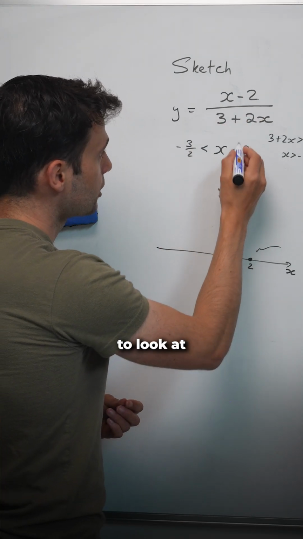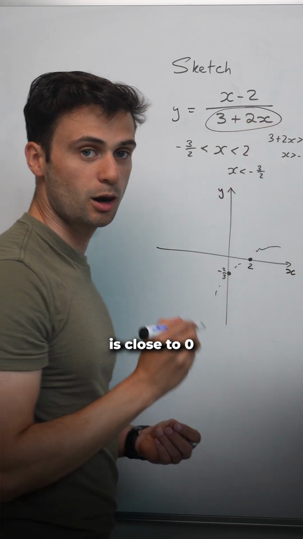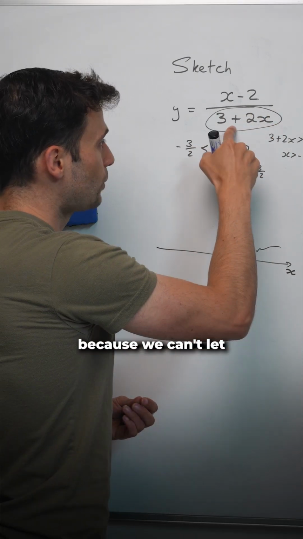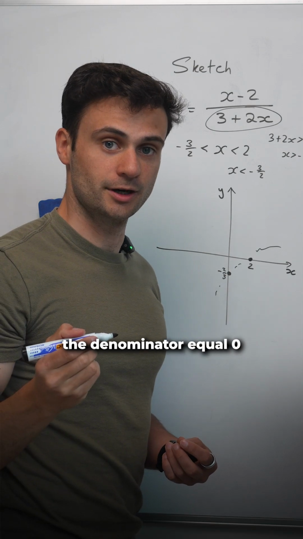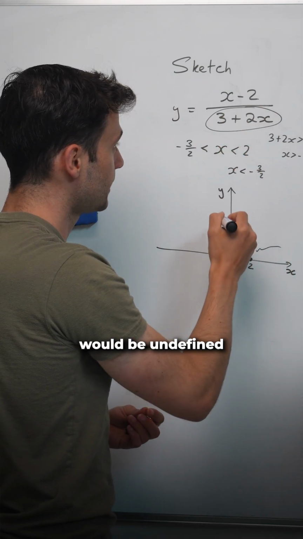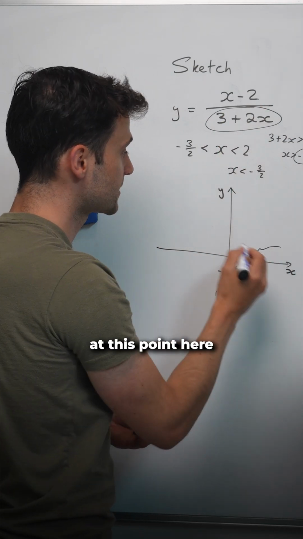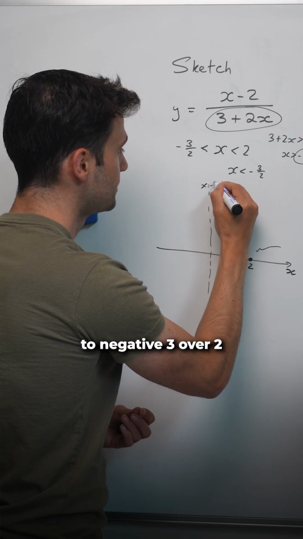Now, we also need to look at what happens when the denominator is close to 0, because we can't let the denominator equal 0 because then the whole fraction would be undefined. So we have an asymptote at this point here when x is equal to negative 3 over 2.